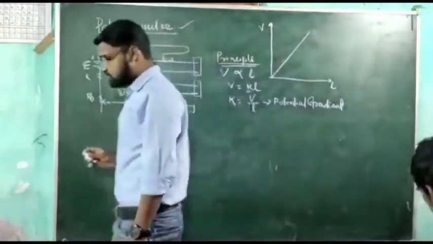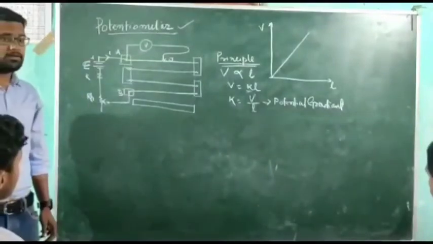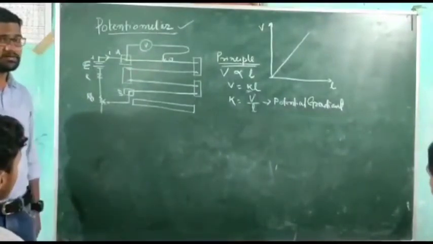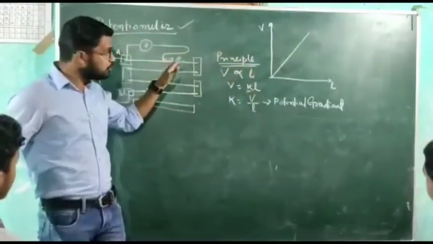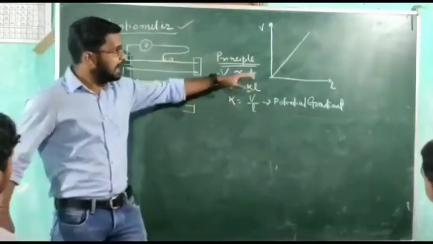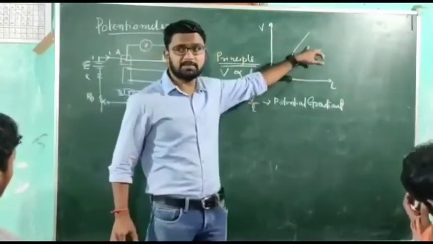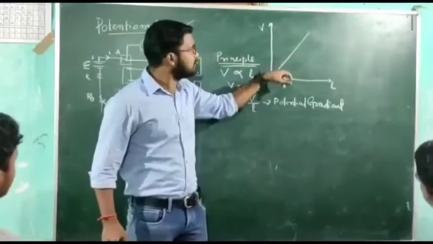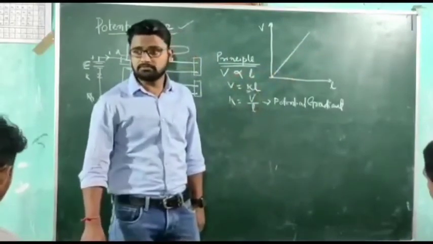Why do I get a straight line? Because V is directly proportional to L. Or you can do it experimentally, and as this is a straight line passing through the origin, that means V is directly proportional to L. Okay? Clear?